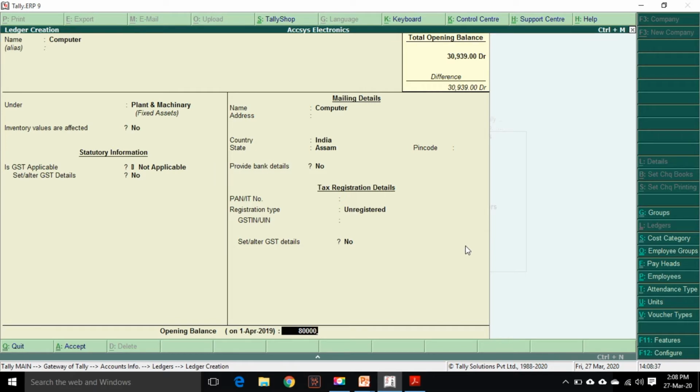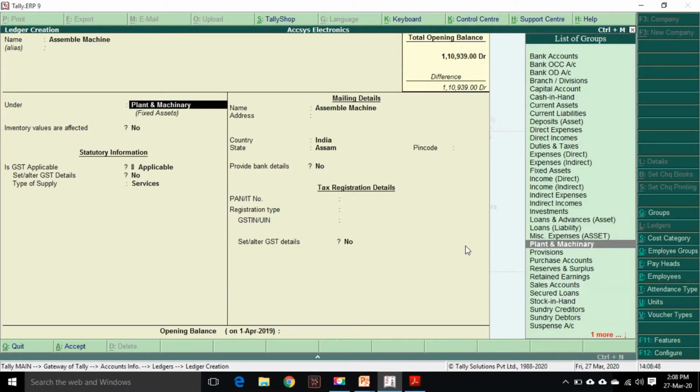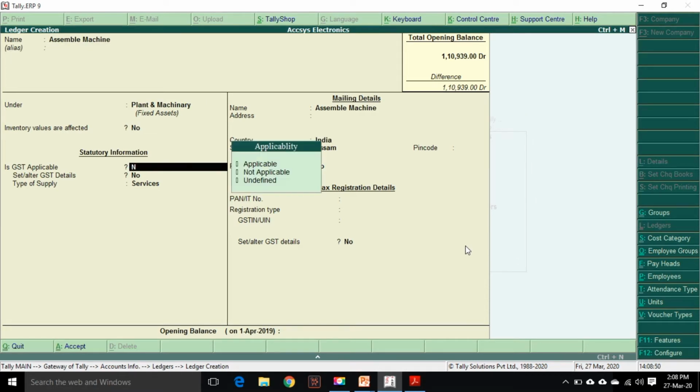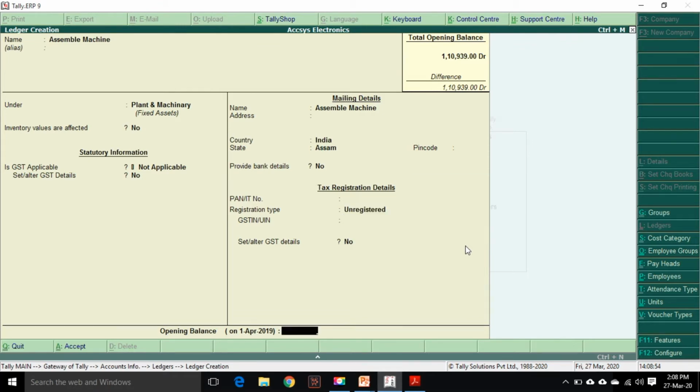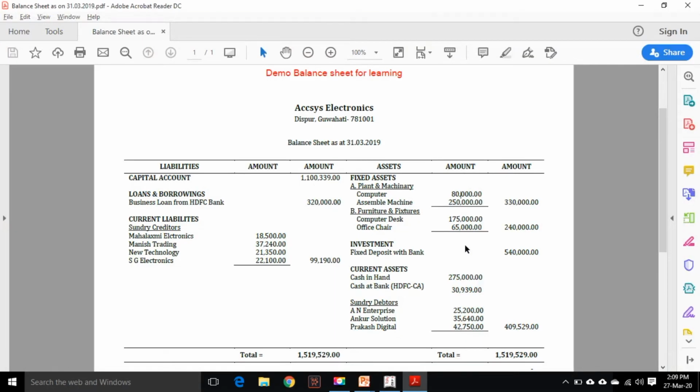Since it's an asset, it's a debit. Done. Next is assemble machine, same under plant and machinery. Give balance 2,50,000. Debit. Done.